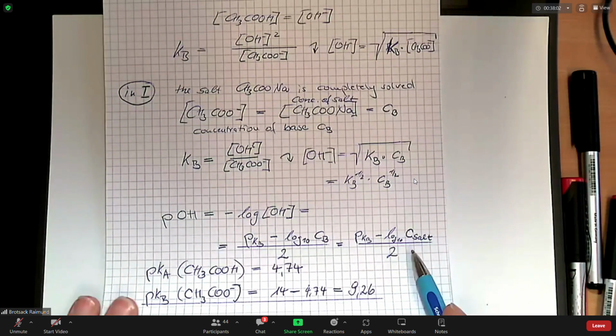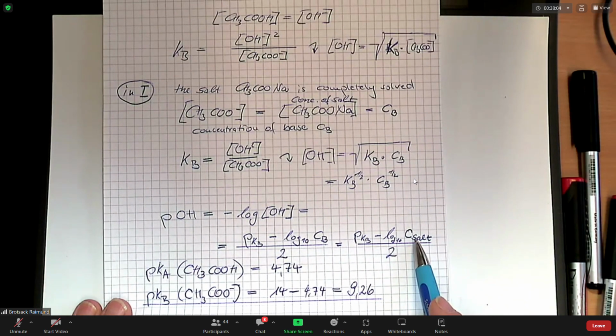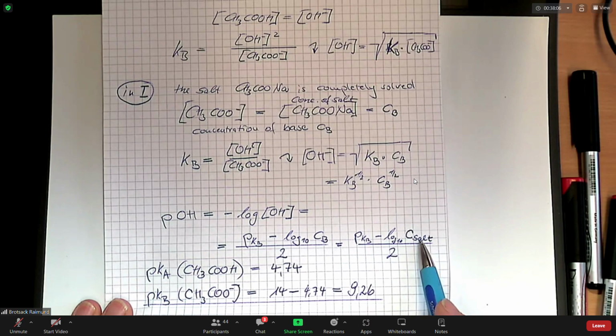And now let's do an example for the initial concentration of the salt, of sodium acetate.